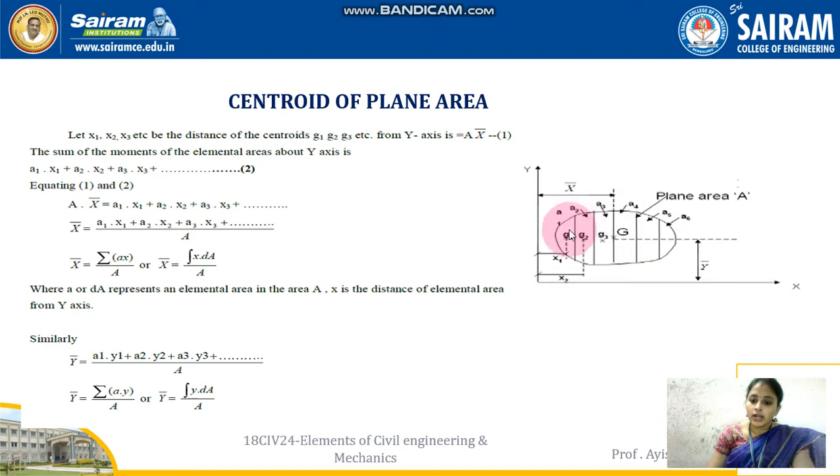The overall area is assumed to be capital A, and the overall center of gravity is G, which you can see in the figure. So these are all the individual centers of gravity and individual areas.